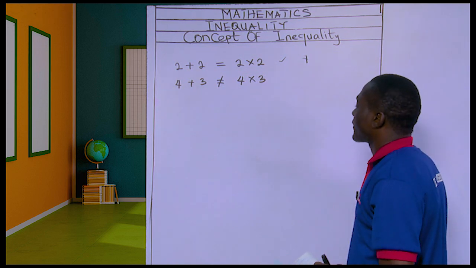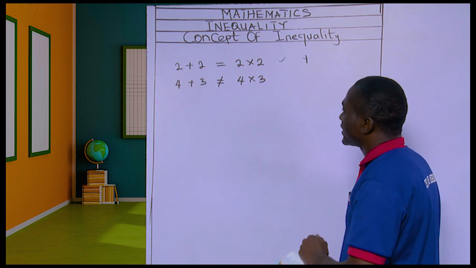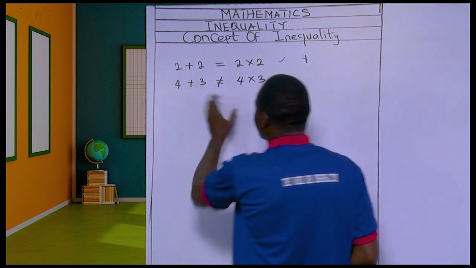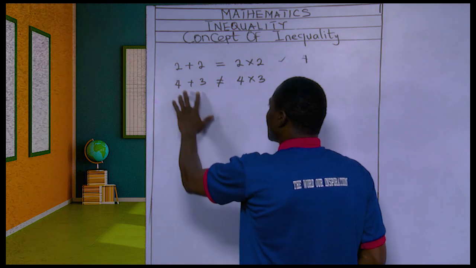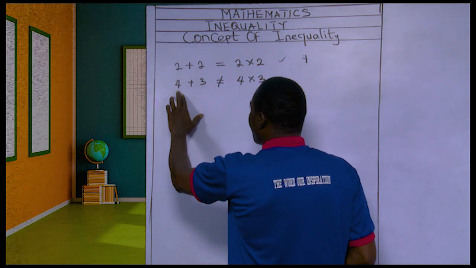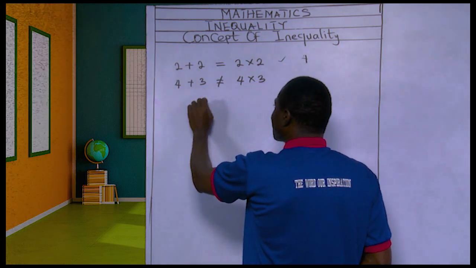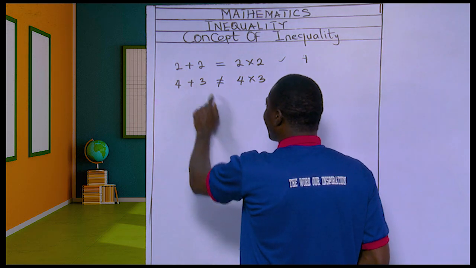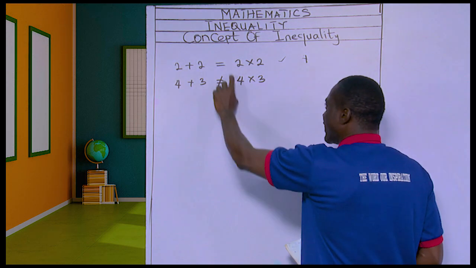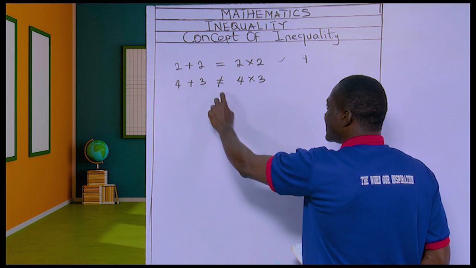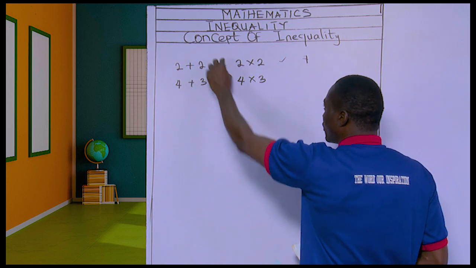Now, let's move to the next. We have another expression that says 4 plus 3, that is the sum of 4 and 3. We have a symbol here. This symbol is the opposite of this symbol.